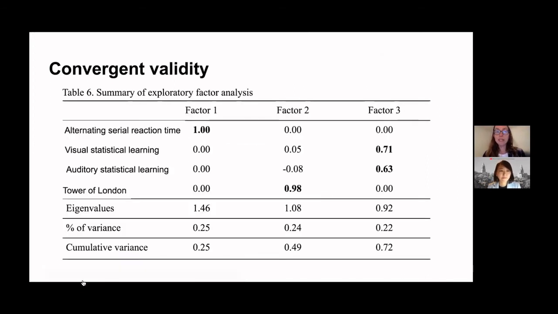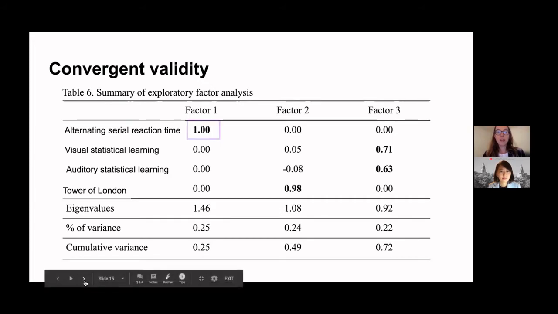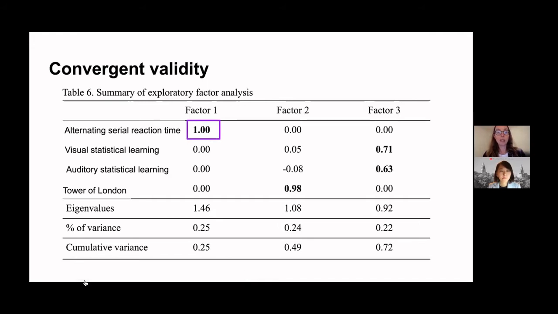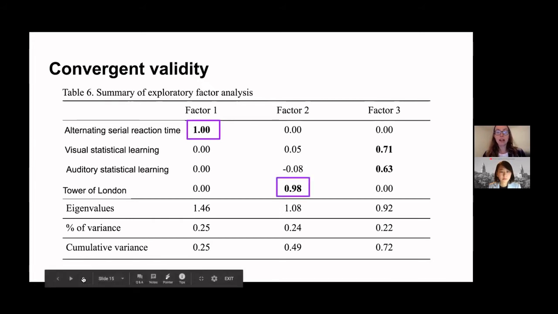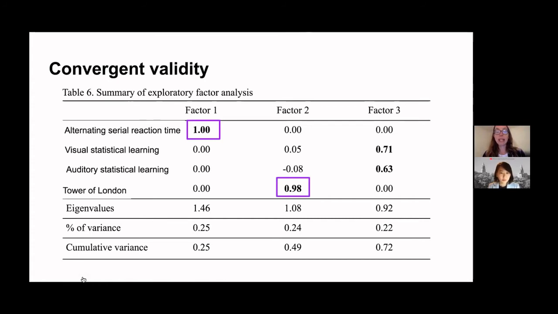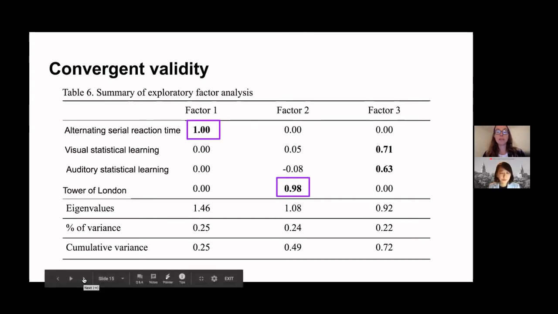We confirmed these preliminary conclusions from the correlation analyses through an exploratory factor analysis in which we extracted 3 factors from our different tests. The first factor represents the alternating serial reaction time task, which is loading all by itself. The second factor is accounted for by the Tower of London, again loading all by itself onto a separate factor.